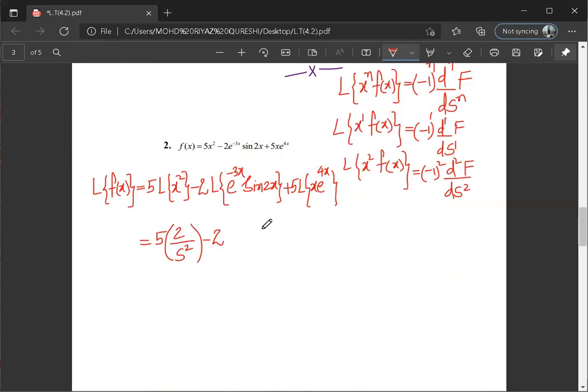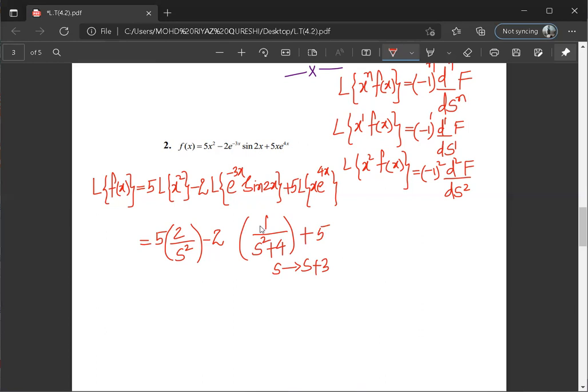So same answer I am writing here. Actually sine 2x answer is 1 over s square plus 2 square, which is 4, and s will be changed to s minus the coefficient, minus 3. So minus into minus plus 3, and 5 will be outside only.